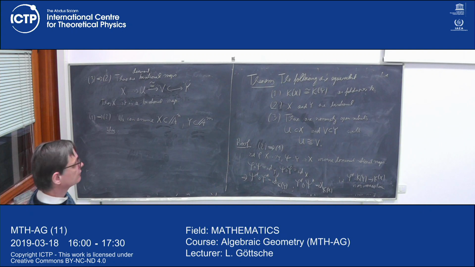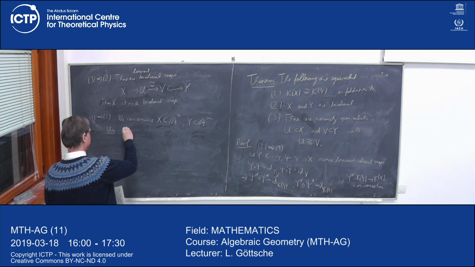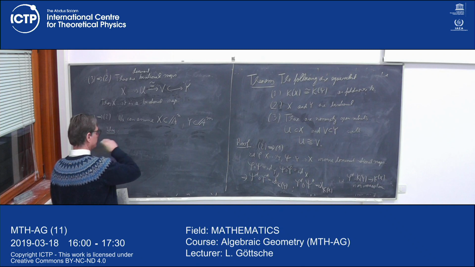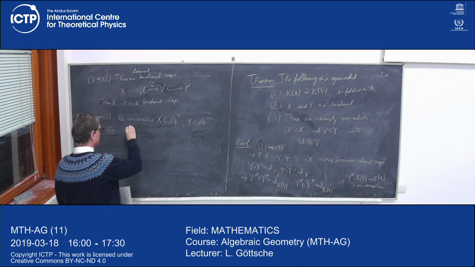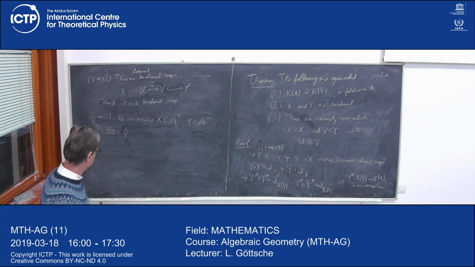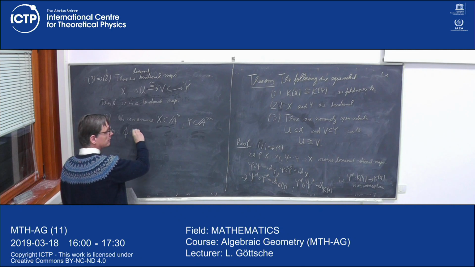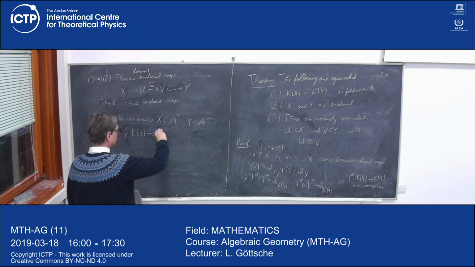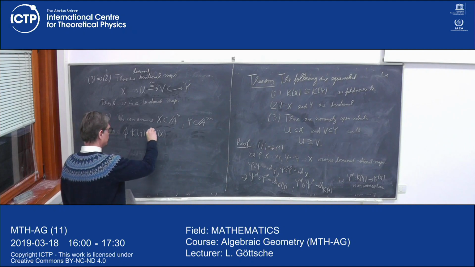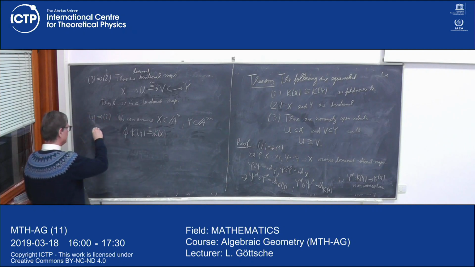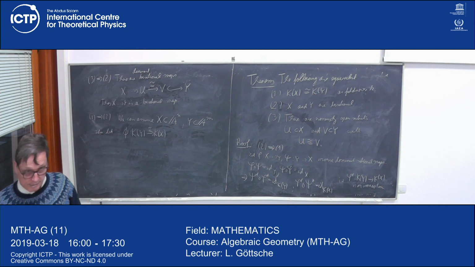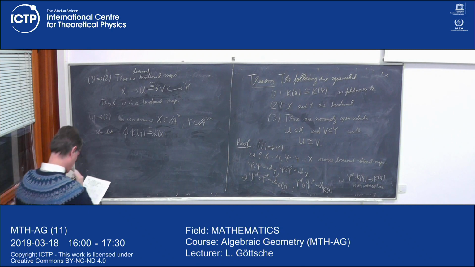We wanted to go from 1 to 2, so we assume that, say, large phi from k(Y) to k(X) is an isomorphism. So that we want to show.